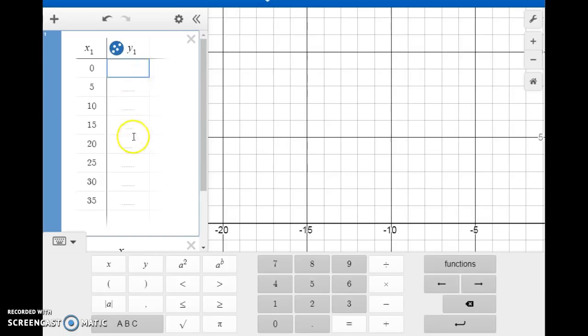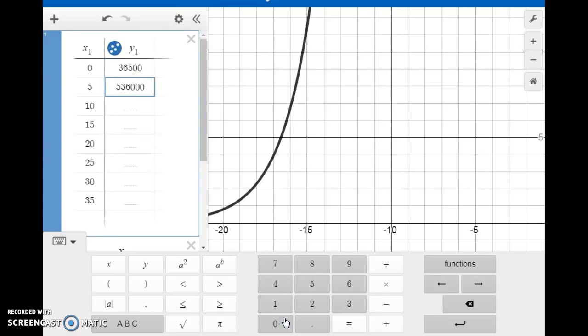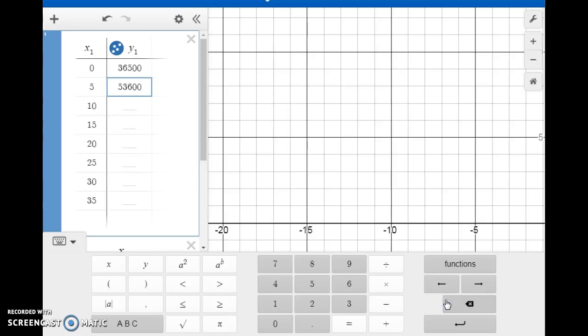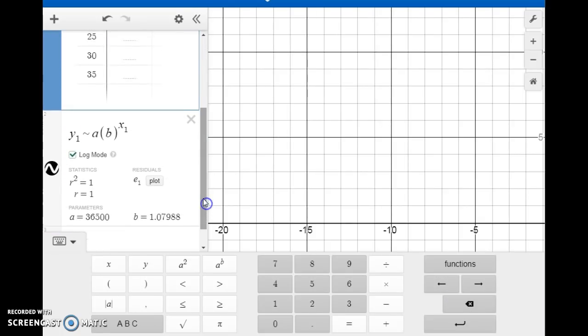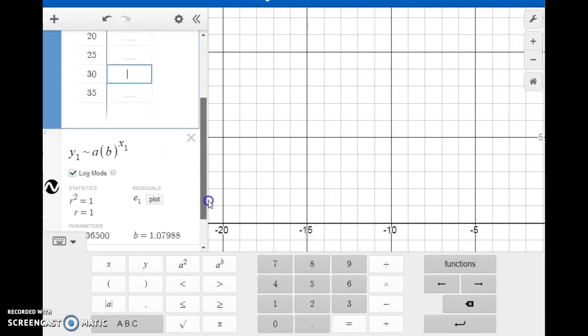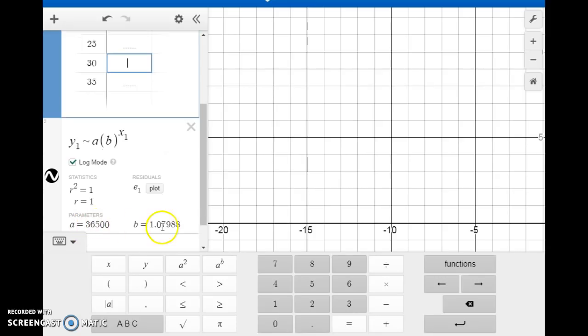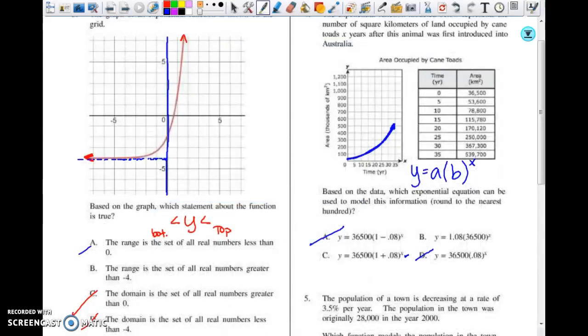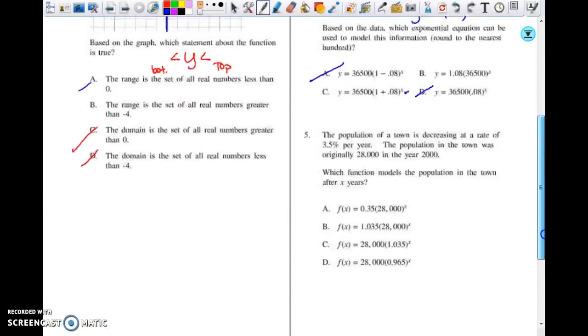So you'll put all of them in, right? 36,500. Okay, so you'll keep going. And then this is not correct, right? Because I'm not done. You have to put in every single point. And then once you're done, you'll look at your a and your b, and you'll match which one it's looking like, okay? If you guys haven't already figured it out.